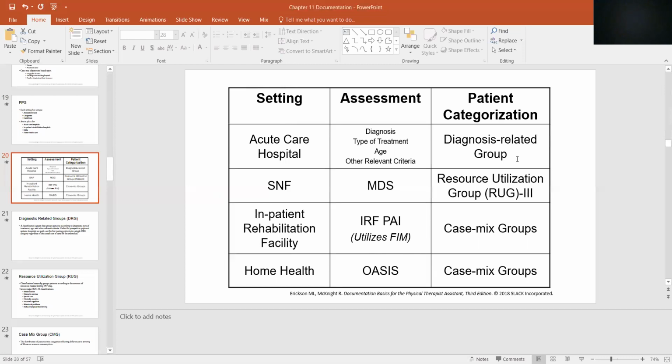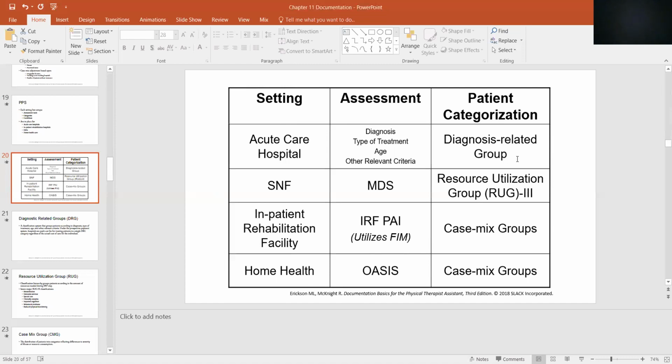And this is where physical therapy, occupational therapy, and speech therapy really come into play, because the more minutes that a patient needs to be seen in a skilled nursing facility, the higher level of payment you're going to get for that. And that is something that I'm not going to explain over the PowerPoint. It's going to be an activity that we do in class to help you understand that RUG and the SNF system of payment.